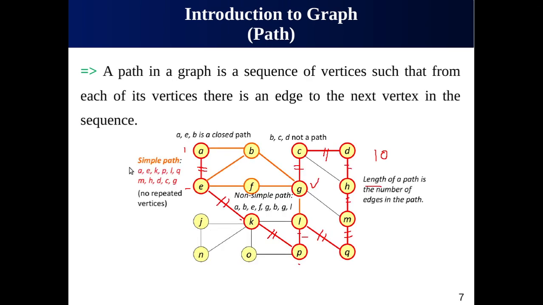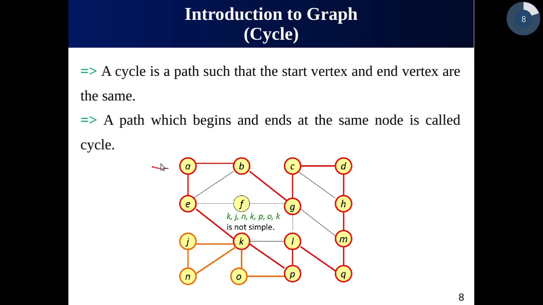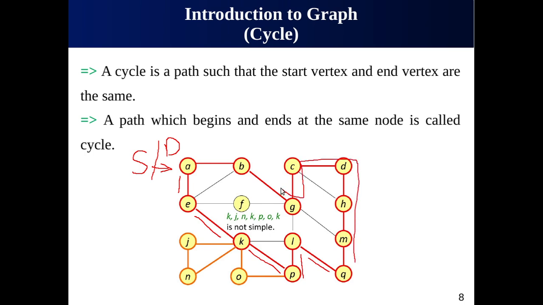It is almost the same. So let us start from A. Our source is A, and suppose our destination is also A. The red lines will give you the path. First visit node E, then K, and P, L, Q, M, H, D, C, G, B, and finally A.